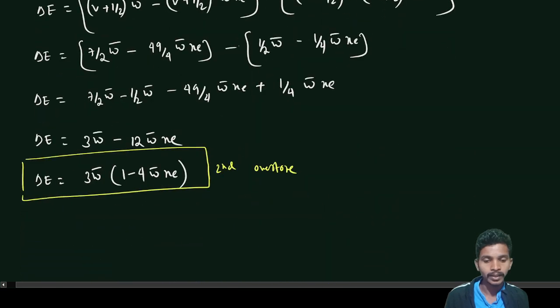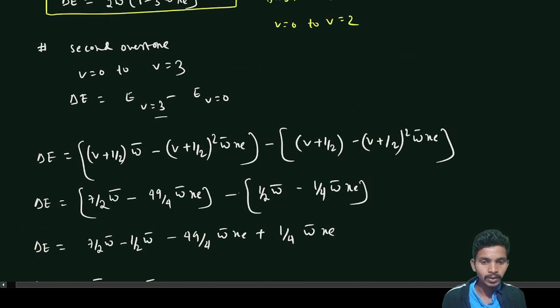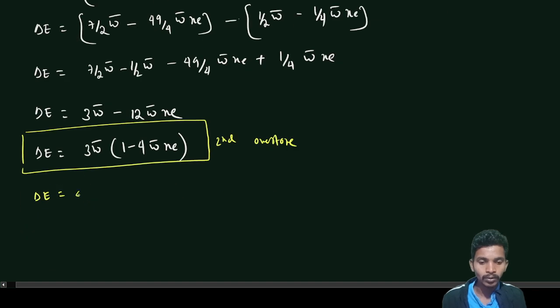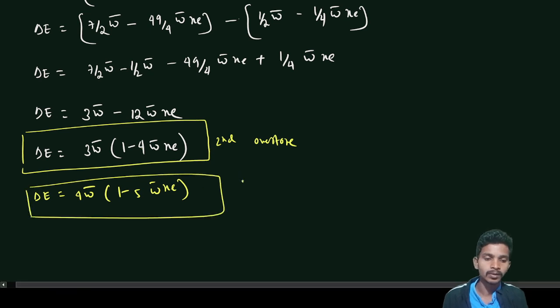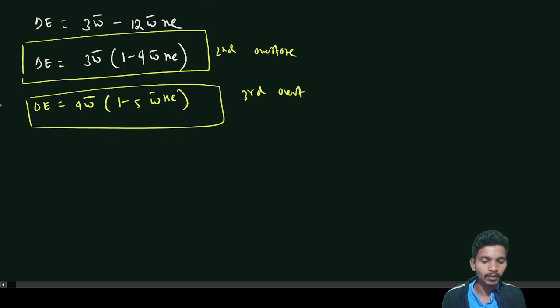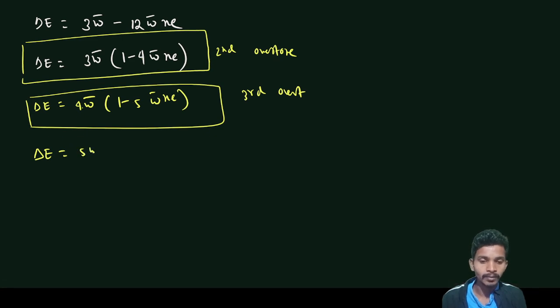So what we see is that if you go for the third overtone, here 3, previously that was 2, so it becomes now 4ω, and this is 1, and this becomes 5. This is for the third overtone. Similarly, if you calculate, we can get these things. And if you go for the fourth overtone, this 4 will become 5, and this is 1, and this 5 becomes 6.